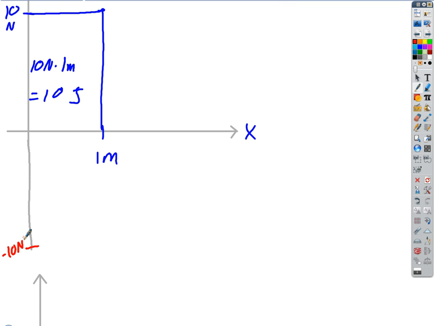You can look at it either way, can't you? You can either look at it as positive force and negative displacement, or you can say what's the component of force along the line of displacement. Either way, it doesn't make any difference. But if we look at it that way, then the work I've added up looks like that.